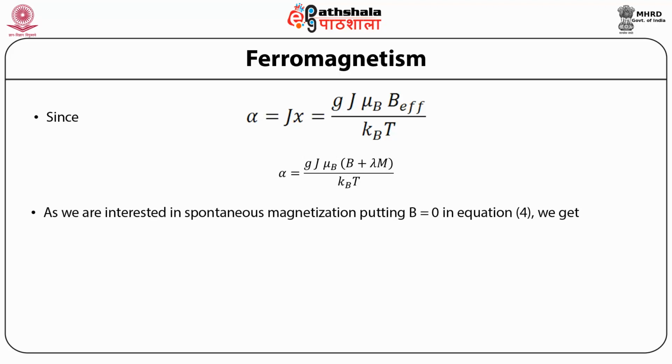As we are interested in spontaneous magnetization, by putting B equal to 0, equation 4 can be rewritten as alpha equal to g_J mu_B lambda M over k_B T, and the magnetization M comes out to be k_B T alpha over g_J mu_B lambda.